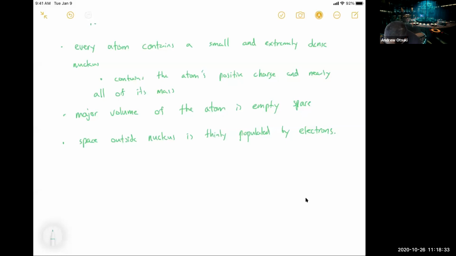And then we could say the total charge of electrons balances the positive charge of the nucleus.